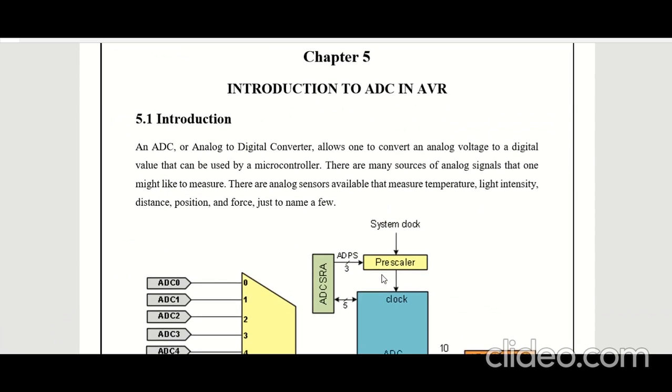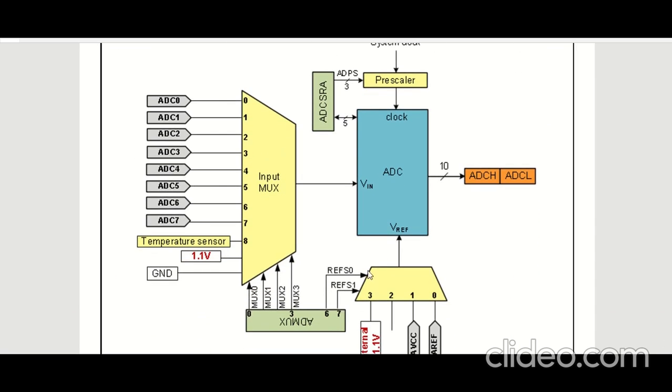Going into the block diagram of ADC. This is the block diagram of the ADC which is available to us in our Arduino. These are the pins which are available to us in our Arduino, and this is the register ADMUX. The ADMUX register is used to select these MUX pins. MUX pins are used to select any pin which is used in the ADC MUX.